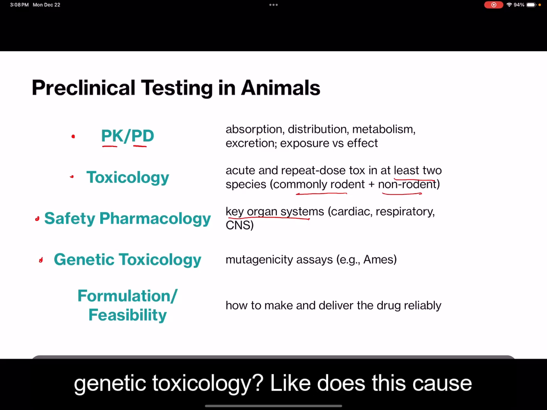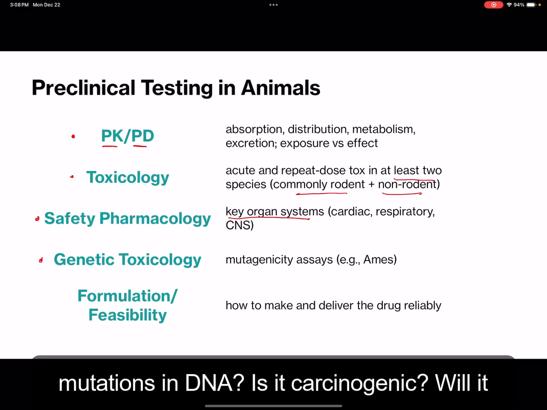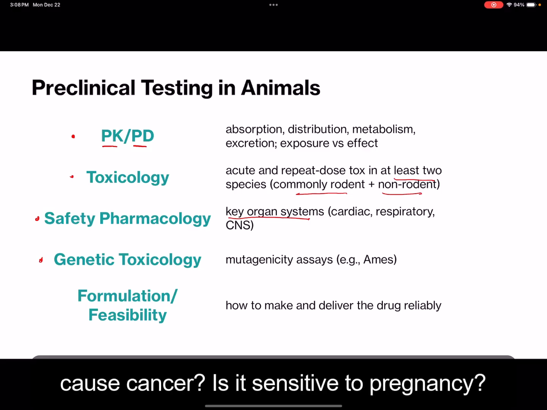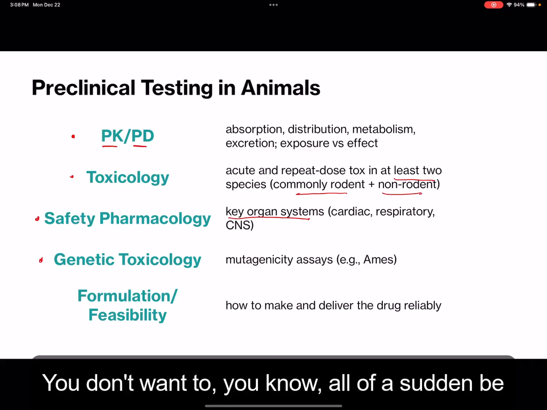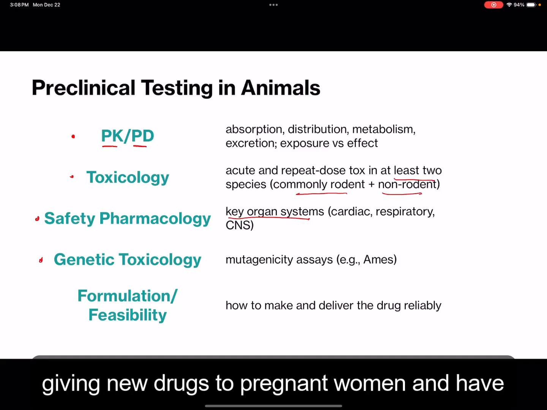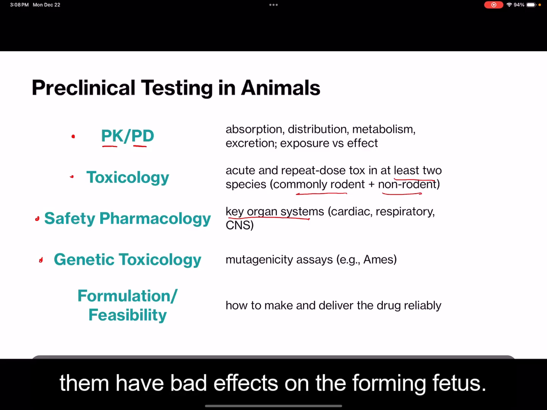Is there any genetic toxicology? Like, does this cause mutations in DNA? Is it carcinogenic? Will it cause cancer? Is it sensitive to pregnancy? Right? You don't want to all of a sudden be giving new drugs to pregnant women and have them have bad effects on the forming fetus.